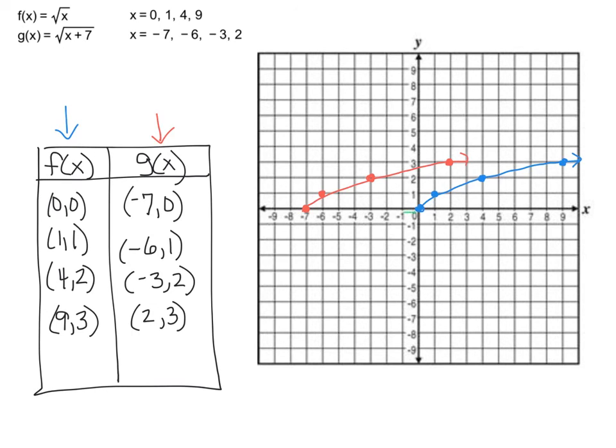So we can count 1, 2, 3, 4, 5, 6, 7. So each one of these points is moved to the left 7 times to get the point on the red graph. So our transformation is that the graph of g is the graph of f shifted left 7 units.